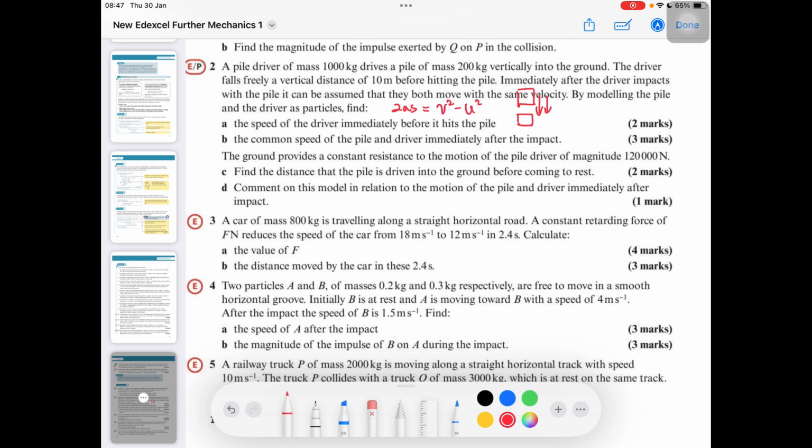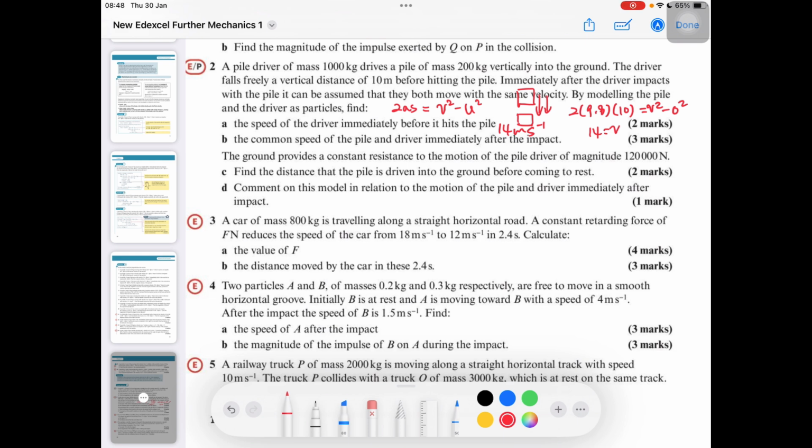So 2 times 9.8 times distance 10 becomes v squared minus 0. When I do that with the calculator, 2 times 98, v is 14 meters per second.